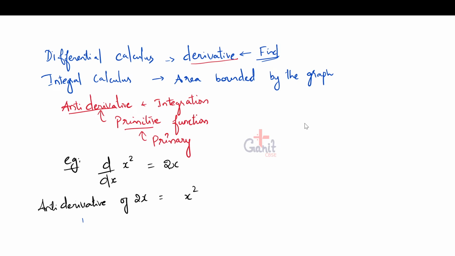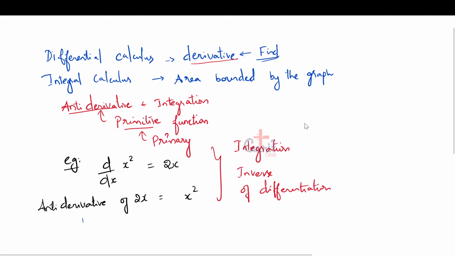So from here we can say that integration is the inverse of differentiation. We can represent that visually: if x square is a function and 2x is the derivative, to get that you need to differentiate this.